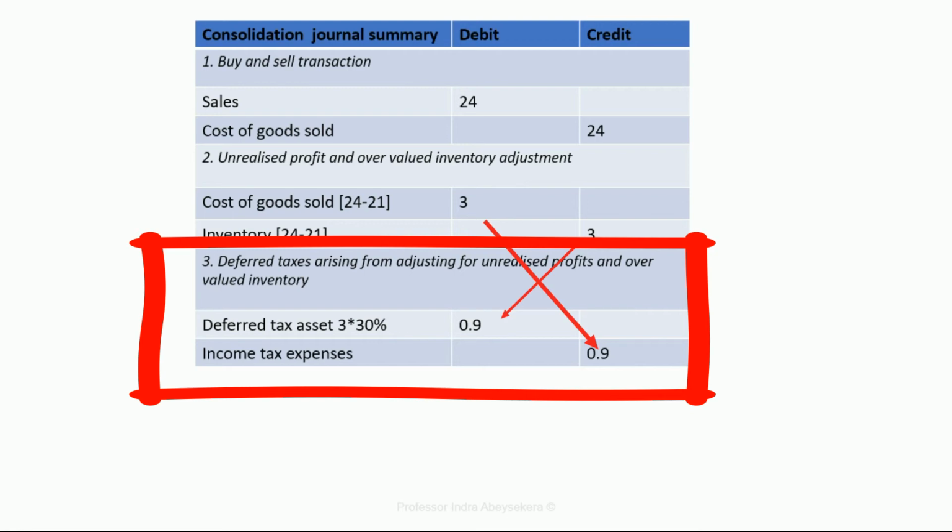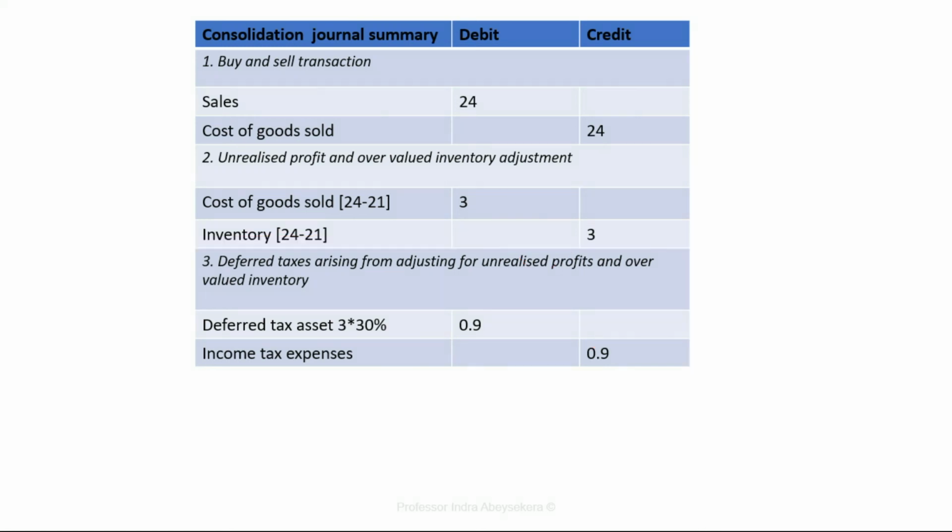Because the carrying value of the inventory is decreased, for the group there are less cash inflows arising in the future from inventory, and there would be a future tax saving, and 30% of 3 is 0.9. So we debit deferred tax asset 0.9 and credit income tax expense 0.9.